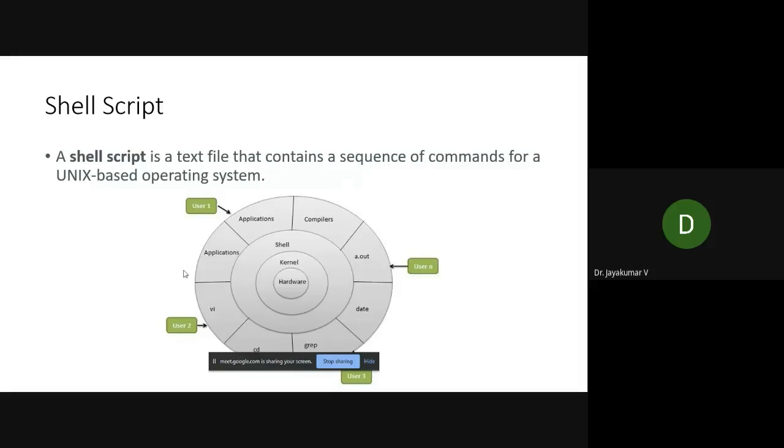Let me ask a simple question about shell scripting and why it is required for a computer programmer. Can I know the audience, overall: first year, second year, or final year?